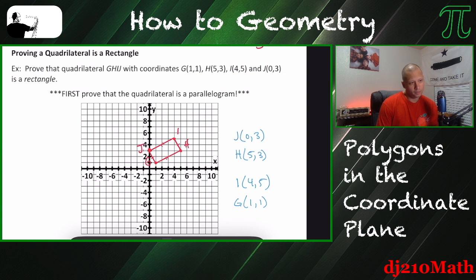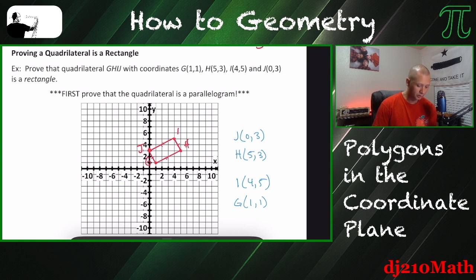So again, there are a couple different methods. I'm only going to show one. If we can show that the diagonals are congruent, then this would be enough to show that this is a rectangle.